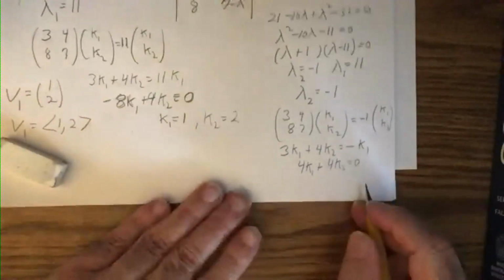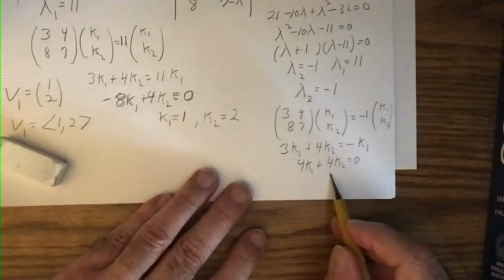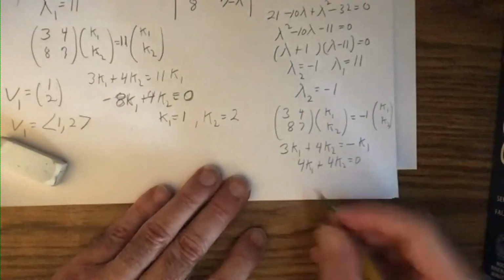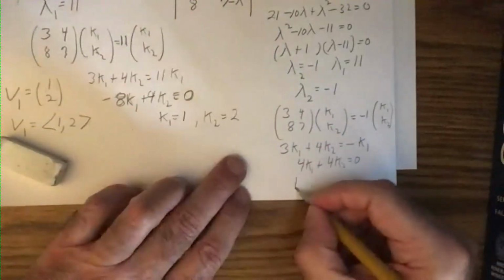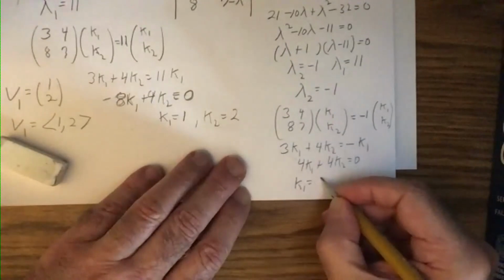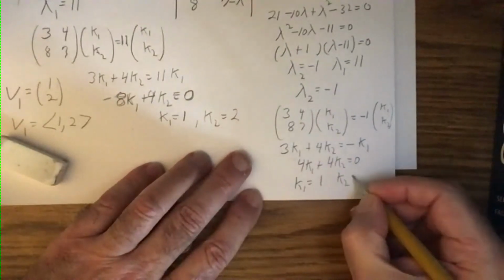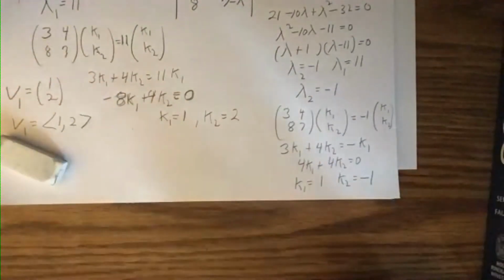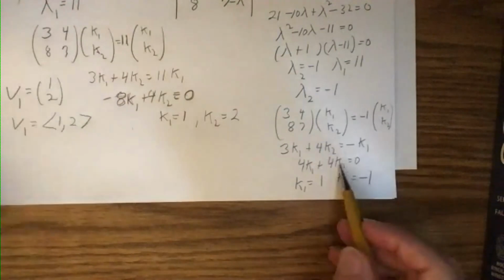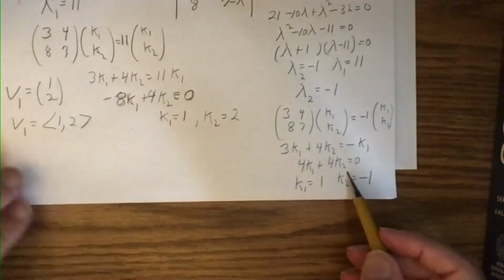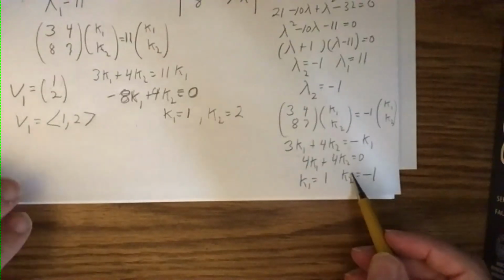If I set K1 equal to 1, then K2 is equal to minus 1. I can actually do it the opposite way too. I can set K2 first.